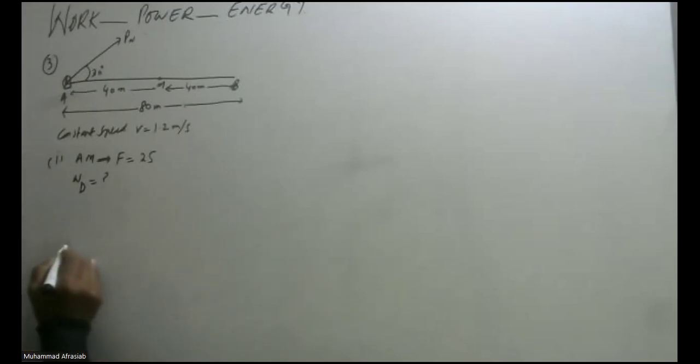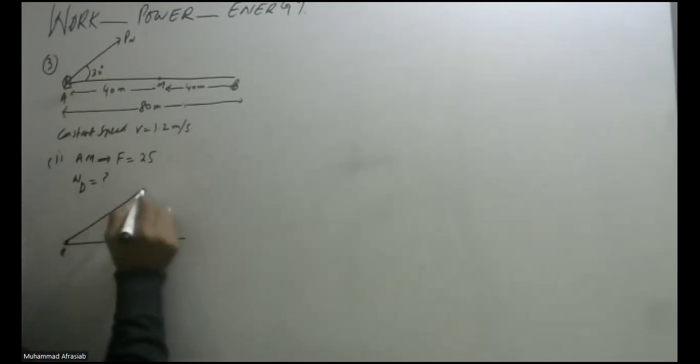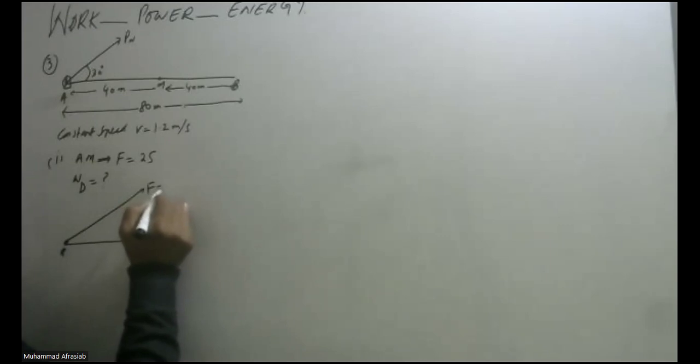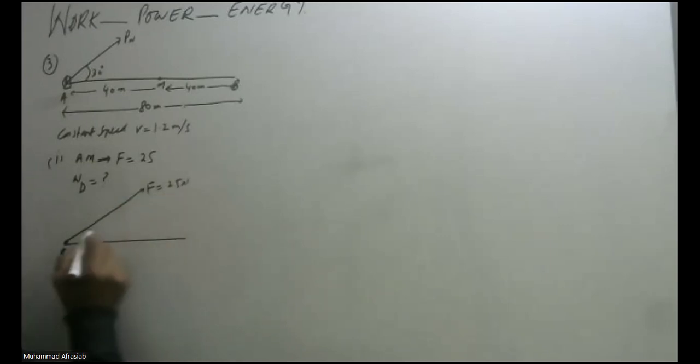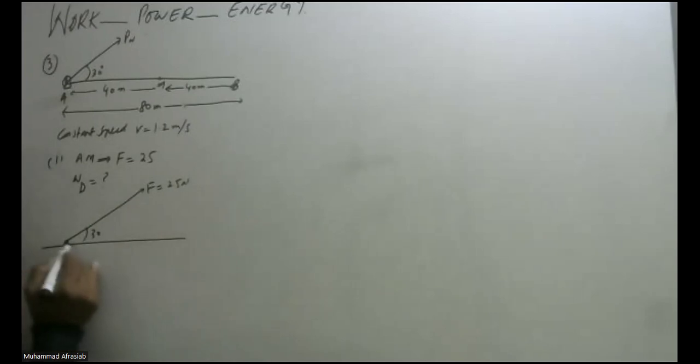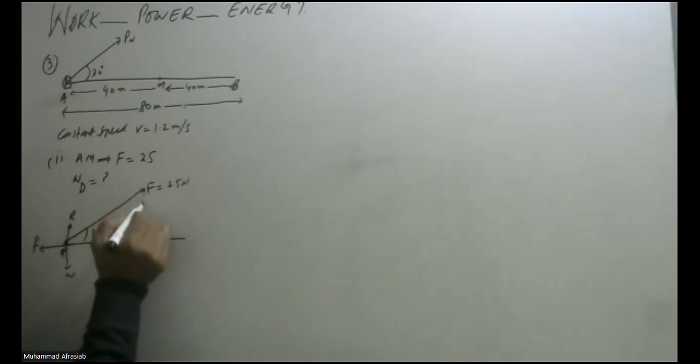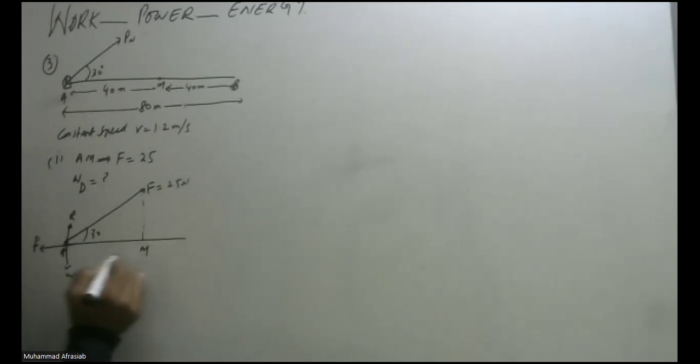If the force makes an angle of 30 degrees, it will be resolved into components. There is the frictional force R and the weight, and this is M, which is 40 meters.